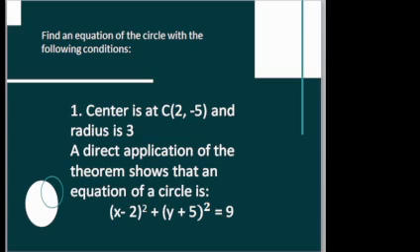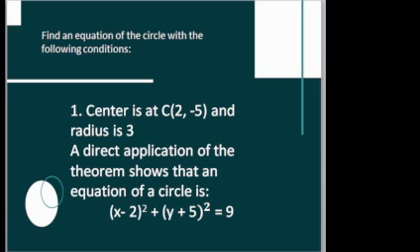So given here is the center and the radius. So the center is 2 and negative 5. As we know that the center is the h and the k. So the h there is 2 and the k is negative 5. And we have the radius or the r is 3.